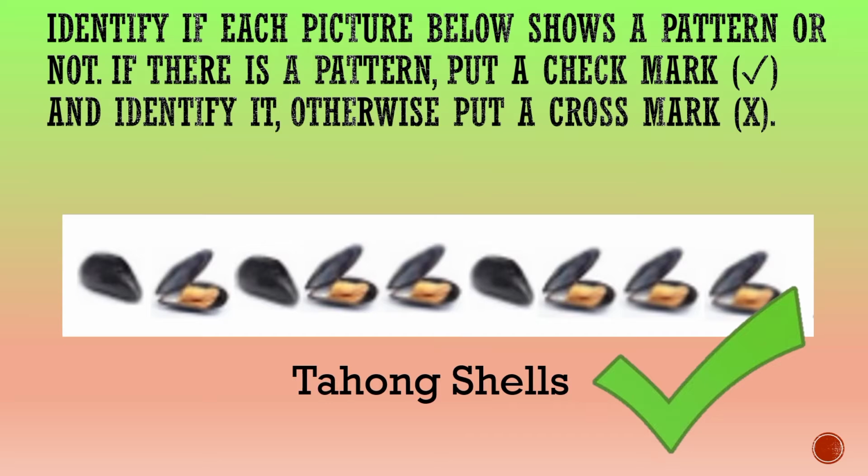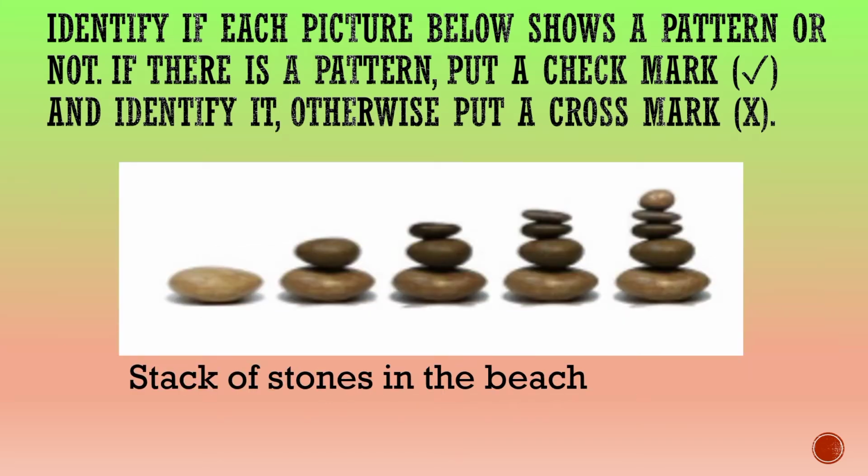Okay? How about this picture, the stack of stone in the beach? Do you see any pattern? Of course, it displays a pattern. The stack of stone starts from 1, 2 stones, 3 stones, 4 stones, then 5 stones.